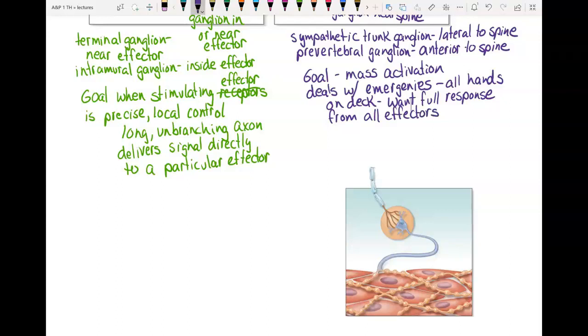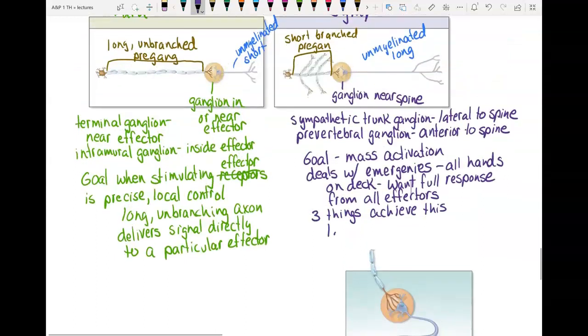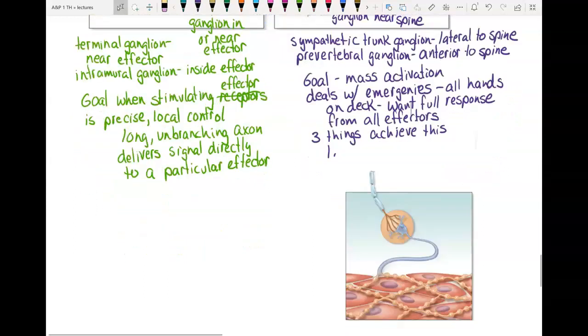So there are 3 different features we're going to look at to achieve this. So the first one is that short branched axon.